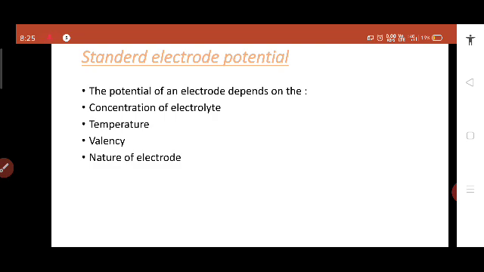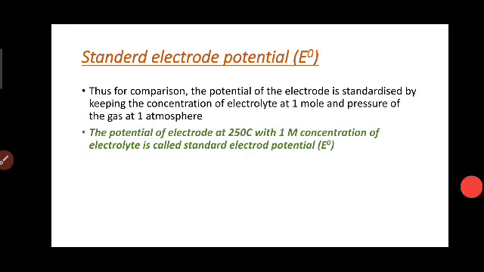When we maintain these standards, then that potential capacity, the losing or gaining capacity, is called, very simply, the standard electrode potential. That's why it is represented with E naught. Now here is the perfect definition.